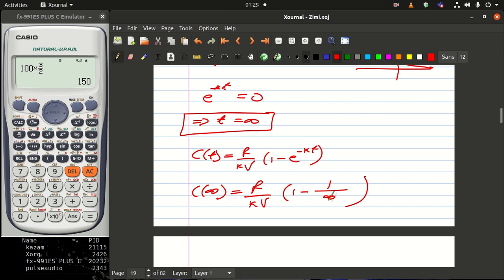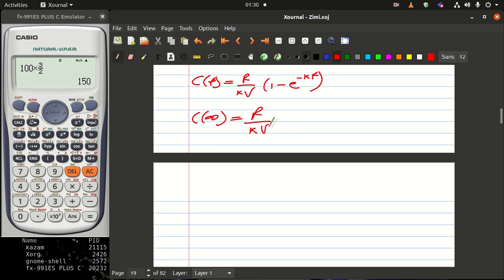Then 1 over infinity, since 1 is so insignificant compared to infinity, is 0. So this whole thing ends up being 1 minus 0, which is just 1, and 1 times the rest gives the concentration at infinity.